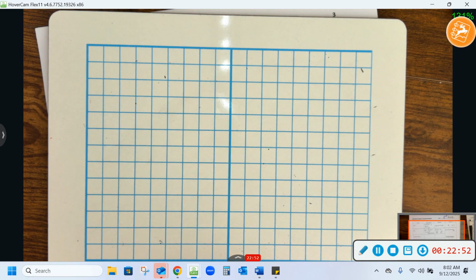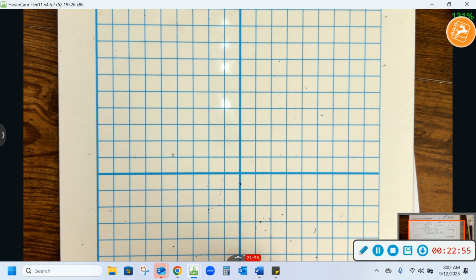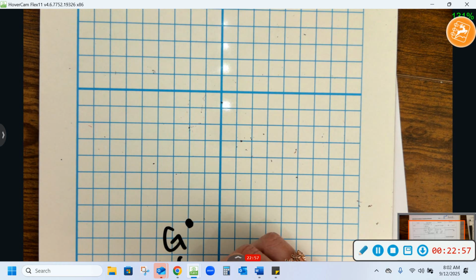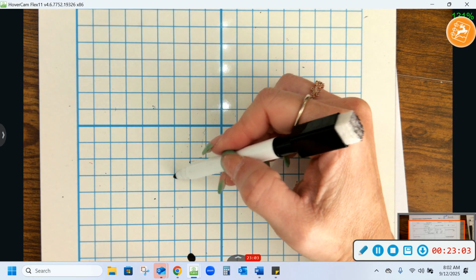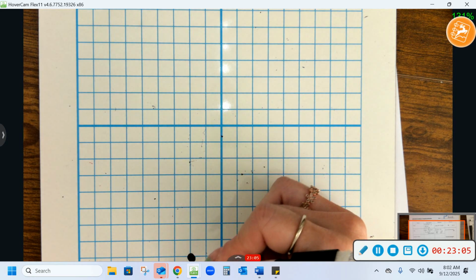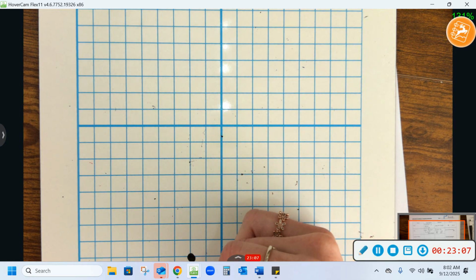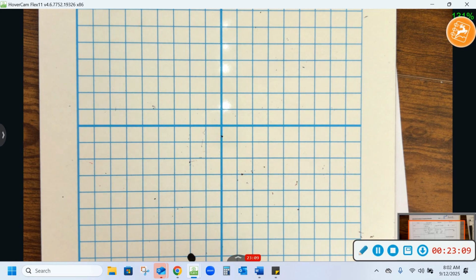Can we make it? All right, awesome. I'm very excited about that. And then (-3, -12). Very close. That one's way down there, isn't it?